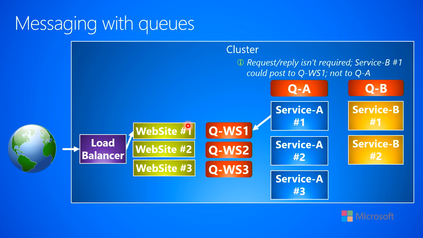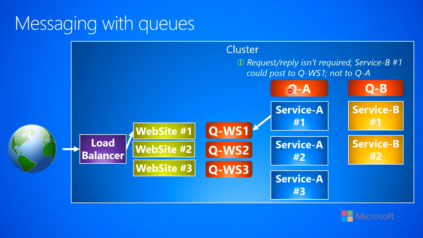But another thing I want to point out is, what if when service B was done, it didn't have to send it to service A? What if when service B was done, it could just simply put the result back into website number 1? Well, again, when you're using message queues, then service B, instance 1, could have immediately queued the response message into the website 1 queue. It didn't have to go back to QA.